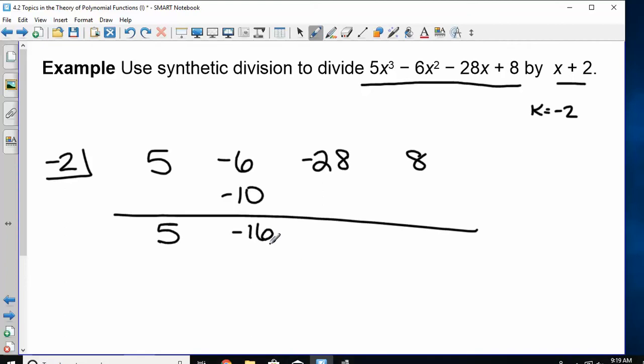And we're just going to repeat this. -16 times -2 is 32. -28 plus 32 is 4. Multiply. 4 times -2 is -8. 8 plus -8 is 0.